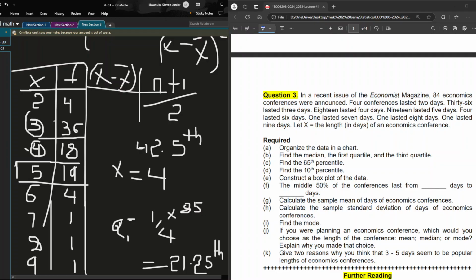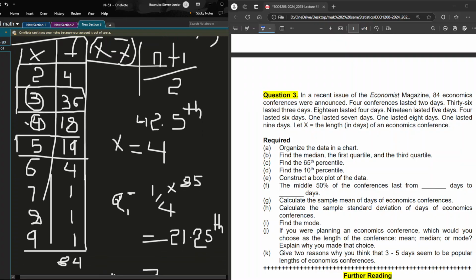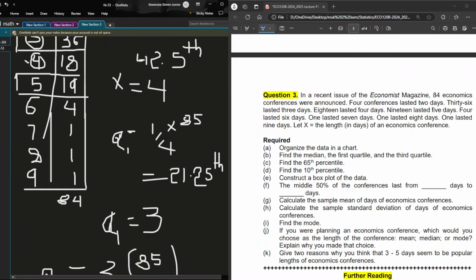So we see that these are the lengths of the conferences, the days, and probably we choose 3, which is the mode. Why?